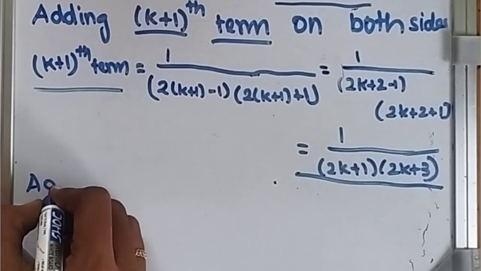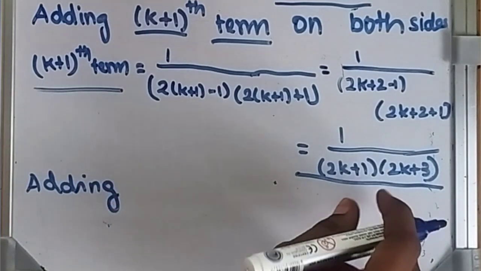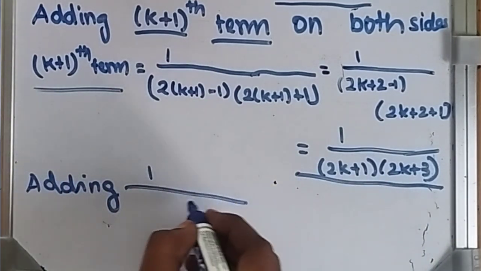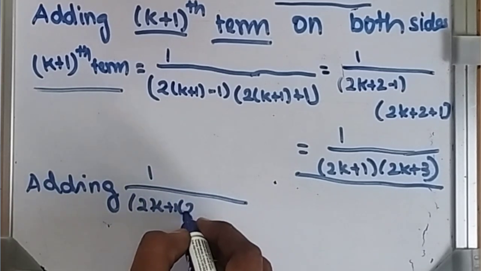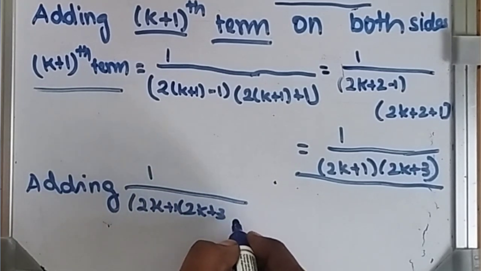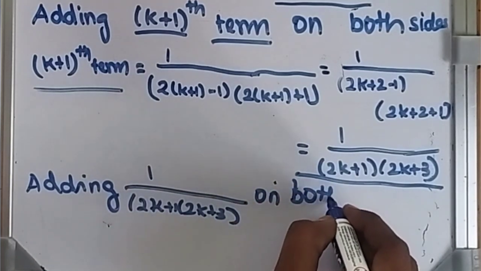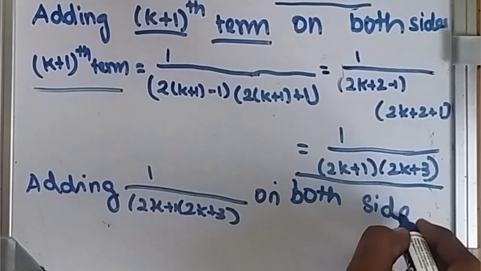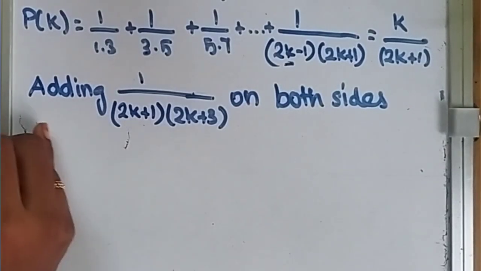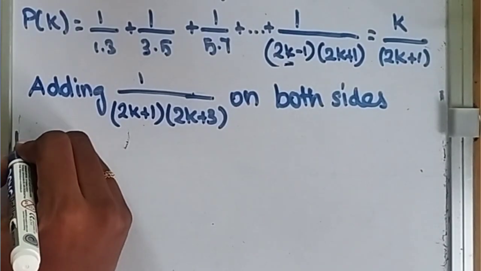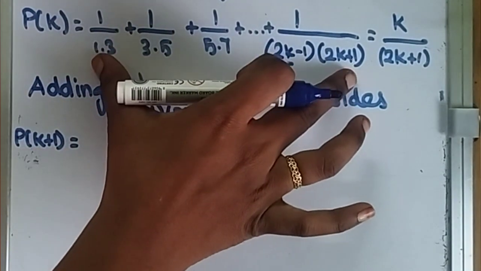So now we are adding this term on both sides. What is this term? 1 divided by 2k plus 1 multiplied by 2k plus 3, on both sides. Clear? Clear. So shall we add? Yes. Now we are going to take P of k plus 1 equals. What is the left hand side? This one, right?